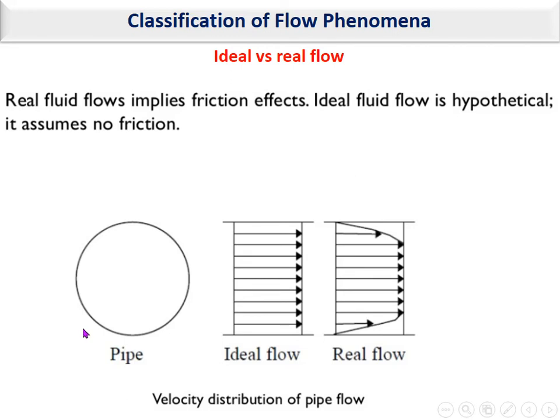As an example, consider the flow in a pipe. In the real world, as we discussed in previous slides, the flow velocity at the surface is zero. What was the name? No slip condition. But in ideal flow, as you can see, there is a slip condition instead of no slip condition at the wall. Is it real? No. It's not real.